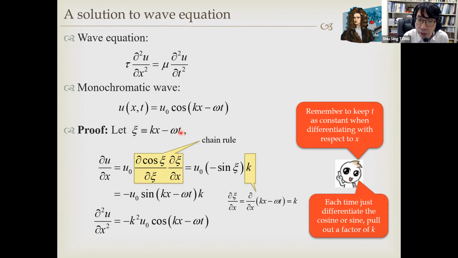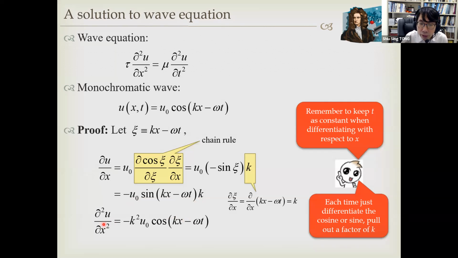So the derivative of t with respect to x is 0 because t is independent of x. So my differentiation only goes to this term. When I differentiate x with respect to x, I get 1, and I only get an additional factor of k. So this is the partial of C with respect to x. I only get a factor of k here. Okay.